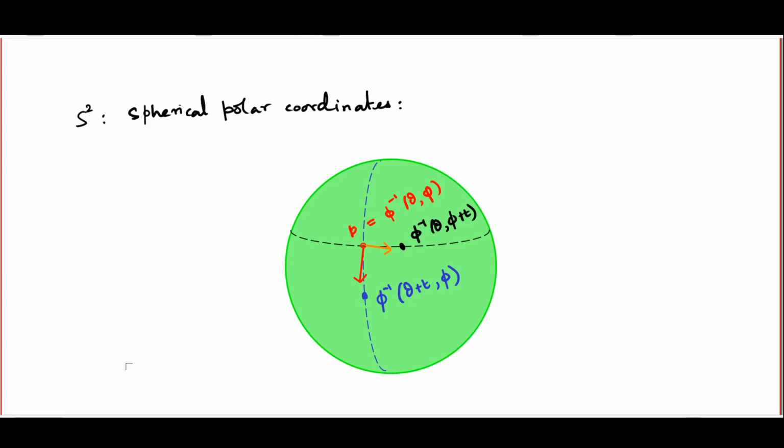And we are using spherical polar coordinates, things which physicists use all the time, on this manifold. So a typical point P here has coordinates theta and phi. I apologize that my usage of phi is a bit dual here.